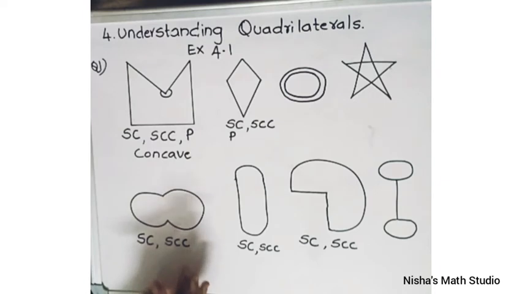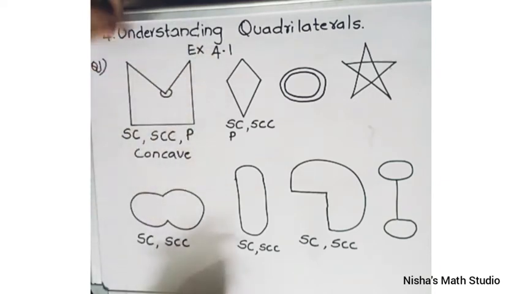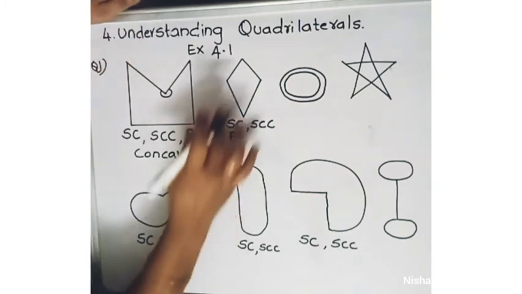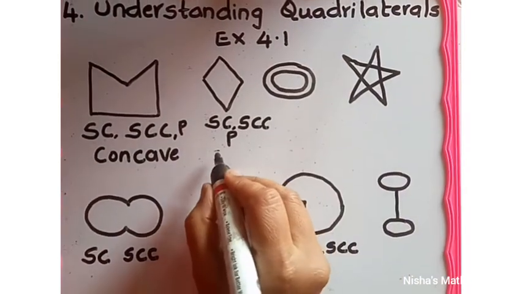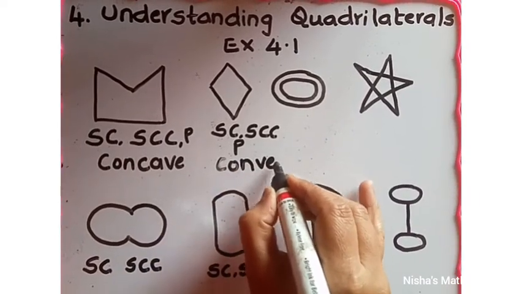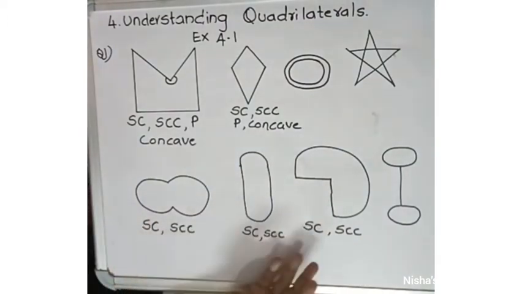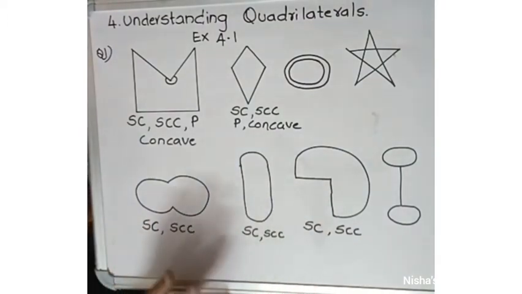So this is concave. A simple way to understand it is bent inside. One of the angles is bent inside. This is a convex polygon. These are not polygons at all, so we don't need to see whether they are concave or convex. They are not polygons at all.